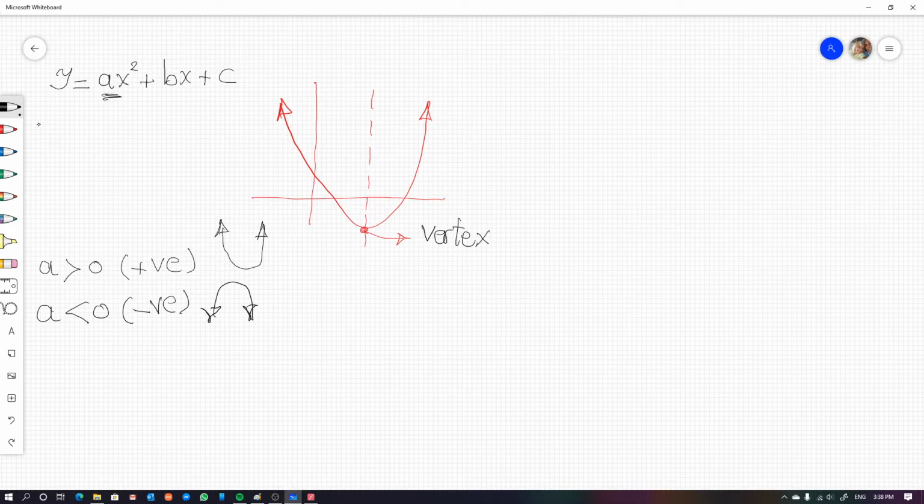Today we are also going to talk about something new called the discriminant. The discriminant, we could give it delta, is a combination of the coefficients of the quadratic equation.